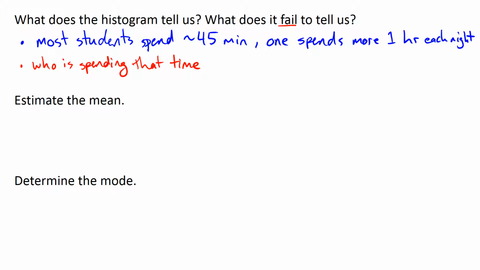You know, are students benefiting from spending this much homework? Are they doing too much? Are they doing too little? So it doesn't tell us how that homework impacts student grades. So this first one was the tells us, and the red here was fails to tell us.